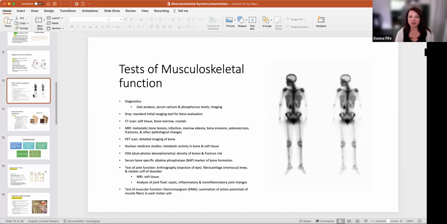MRI, again, looking at soft tissue, and an analysis of joint fluid to look for if there's sepsis or inflammatory or non-inflammatory joint changes. Test of muscular function, we could do an electromyogram or EMG, which is a summation of action potentials of muscle fibers in each motor unit.